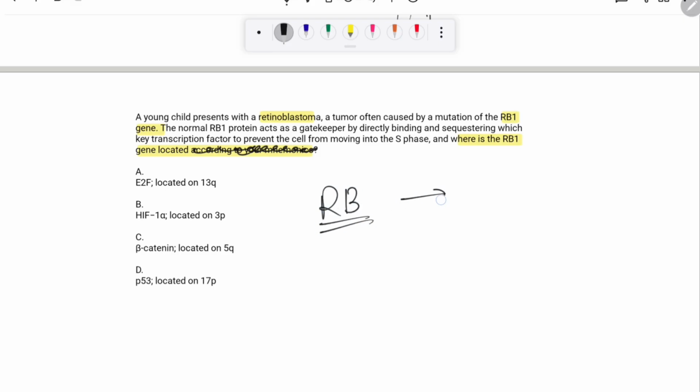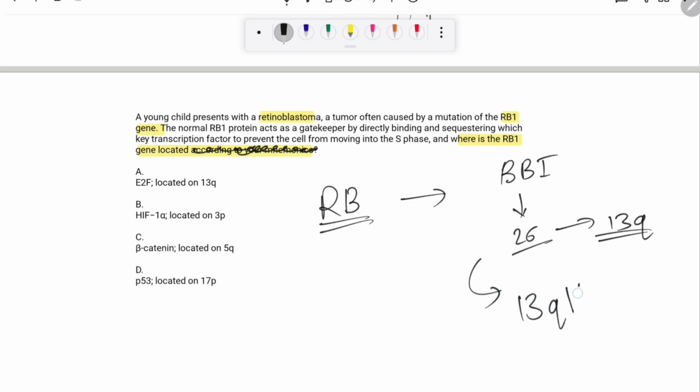One was about the 26 governor, so 26 divided by 2, that is 13, so 13q, and the next was Tirco Q loan, like 13q14. Okay, so these were the two mnemonics, and you will easily get the answer, which is option number A.